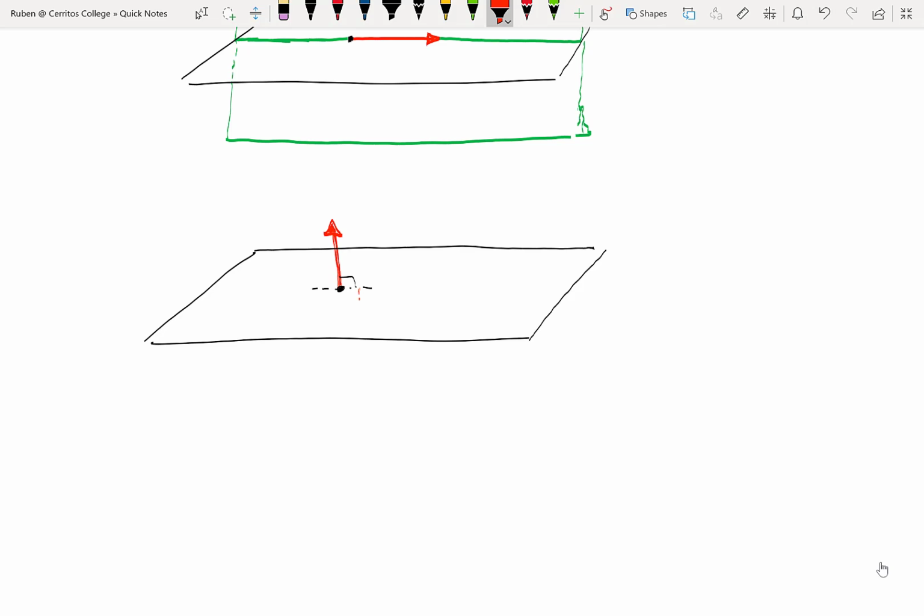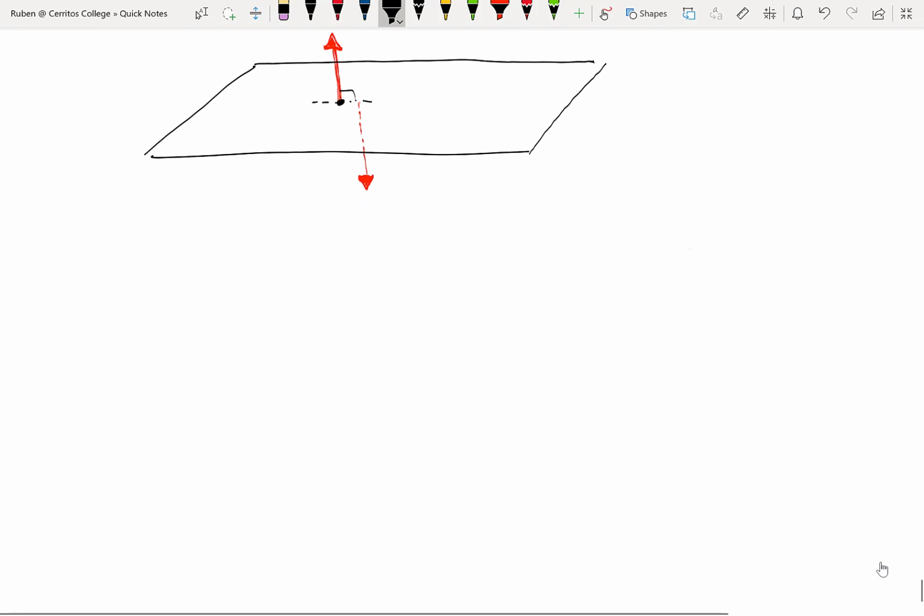The downward normal direction would also determine the same plane. If I'm given one of those two red vectors, either the one that goes up or the one that goes down, and a point, is there only one plane that passes through that point and has either of those directions? The answer is yes.